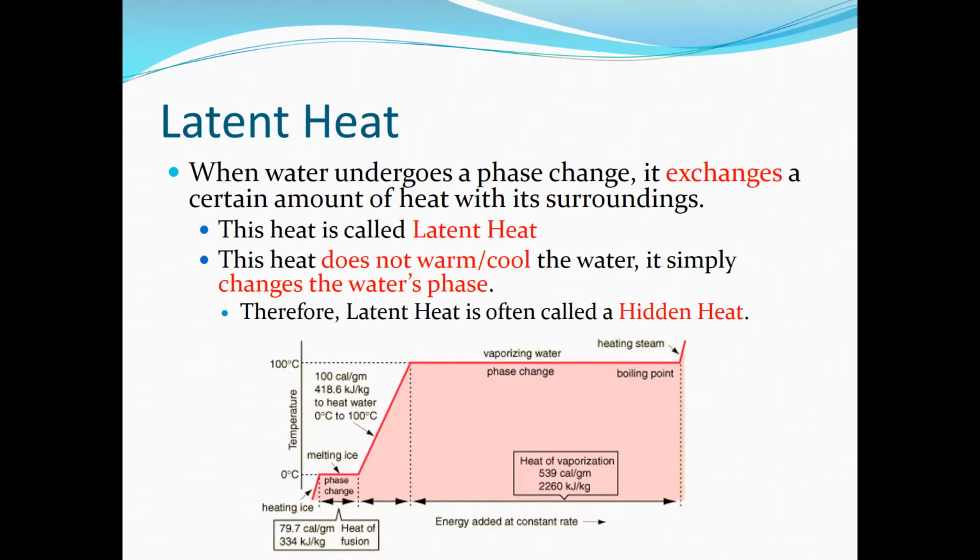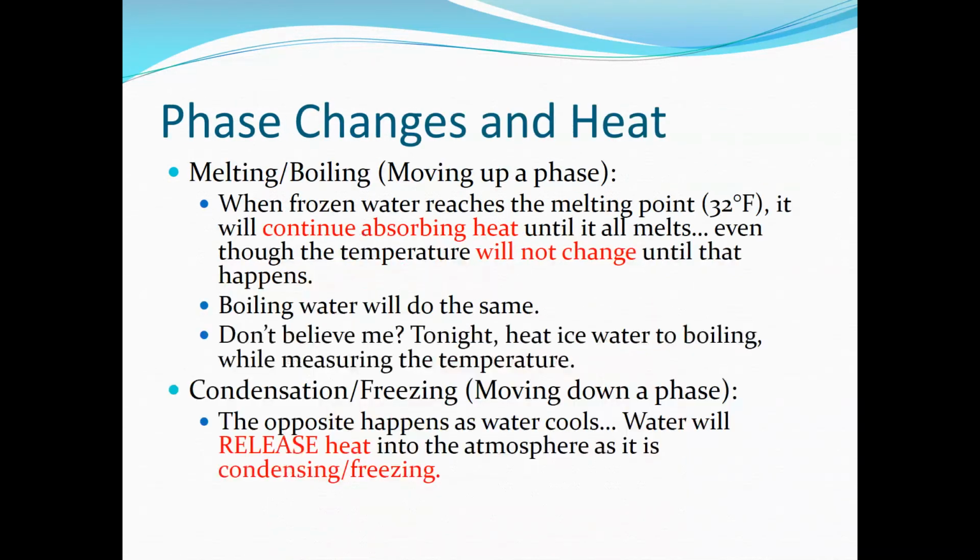On the other hand, when the reverse happens, when water vapor condenses back into liquid, it releases that heat back into the surroundings. That's going to be very important in our next module when we start talking about stability. And then the same thing when water freezes, as it goes from liquid to solid, it releases heat.